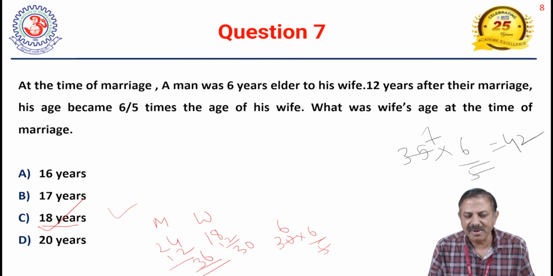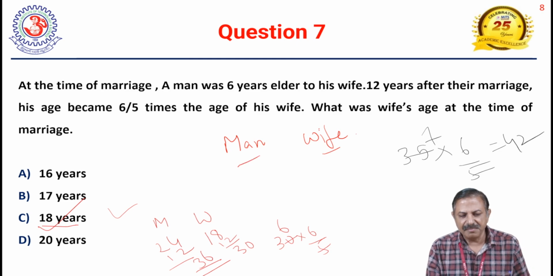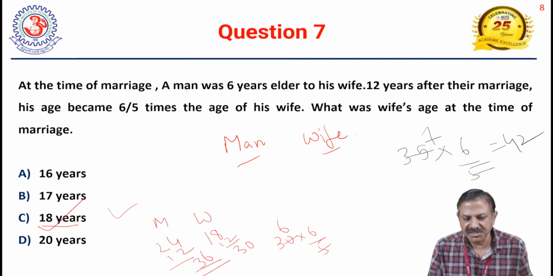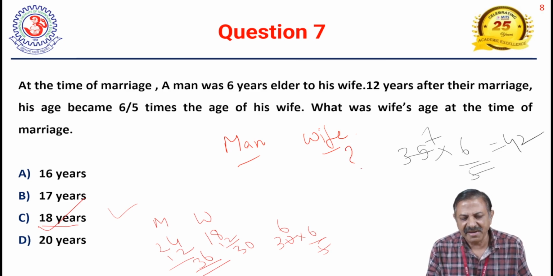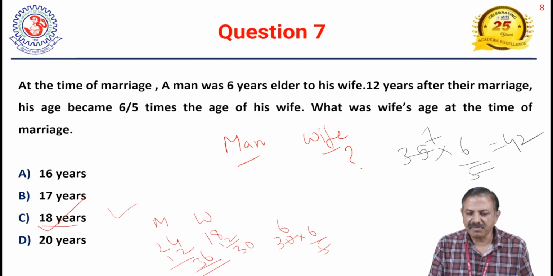At the time of marriage, a man was 6 years elder to his wife. We can understand that there is one man and he is married, he is having one wife. At the time of marriage, a man was 6 years elder to his wife. What is the age of the wife? We don't know. 12 years after their marriage, he became 6 by 5 times the age of the wife.